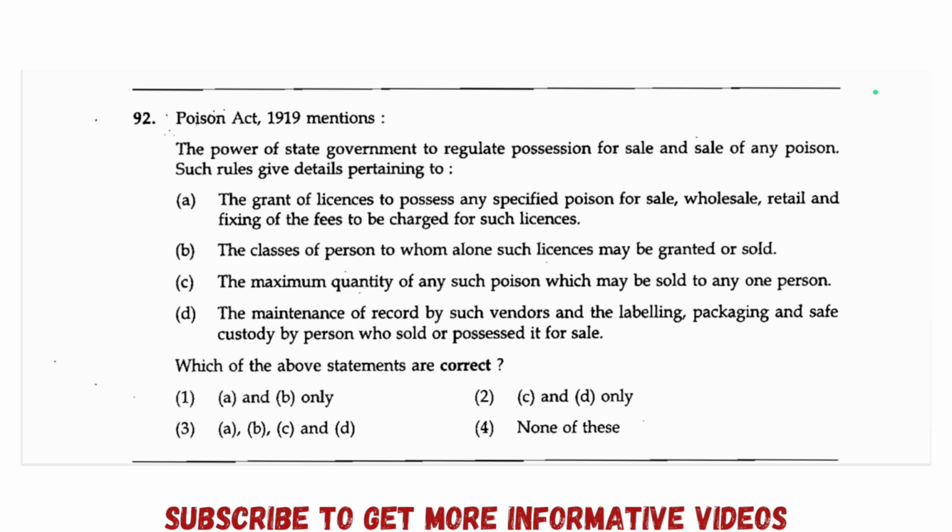Option B, the classes of persons to whom alone such licenses may be granted or sold. Option C, the maximum quantity of any such poison which may be sold to any one person. Option D, the maintenance of a record by such vendors and the labeling, packaging and safe custody by person who sold or possessed it for sale. So the correct option is option 3, A, B, C and D.